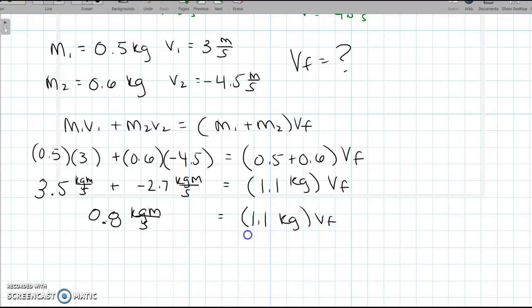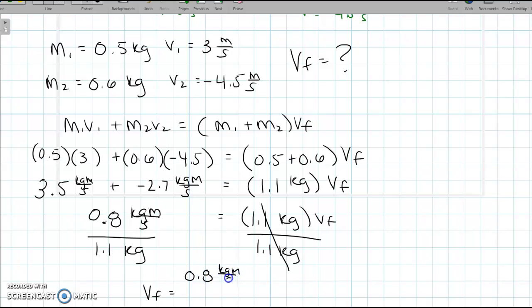All right, so again, we need to divide both sides by the total mass. That's going to cancel out here. So the final velocity is equal to 0.8 kilogram meters per second divided by 1.1 kilograms. So 0.8 divided by 1.1 is going to give us a final velocity of 0.73 meters per second.